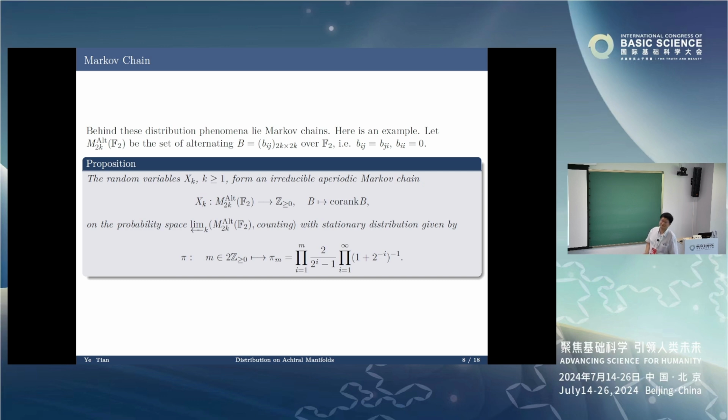Alternating just means symmetric with diagonal 0, because in F_2, 1 equals -1. Okay.